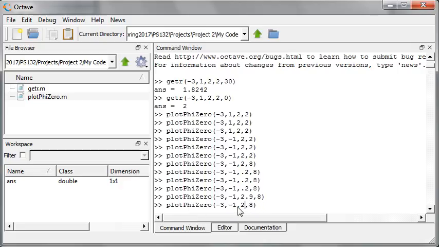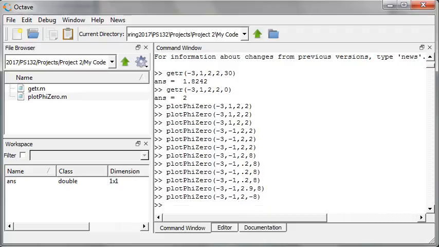I haven't tried it with both of them to the left of the origin, but I'll put the smaller charge to the left of the bigger charge, but both of them are to the left of 0, 0. So let's see what that looks like.